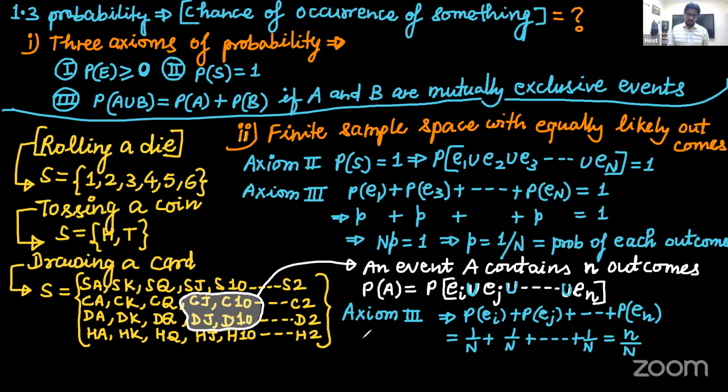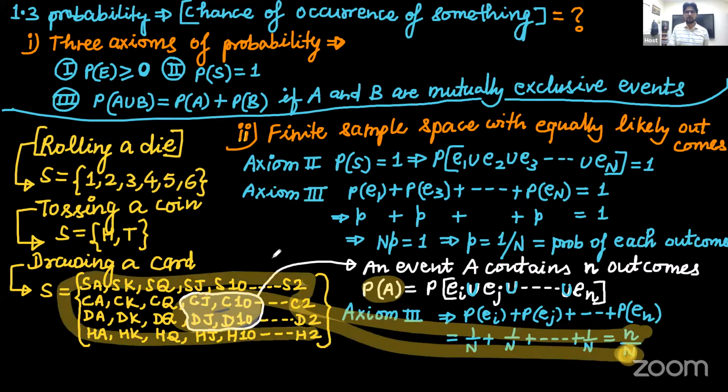There, people said that the probability of an event is the number of elements favorable to that event upon the total number of elements. The probability of an event is the ratio of the favorable elements and total elements.